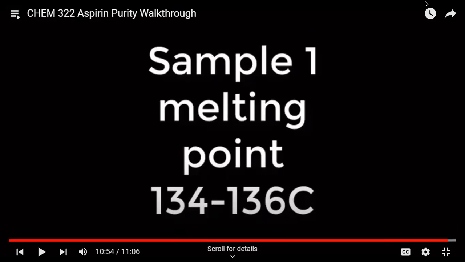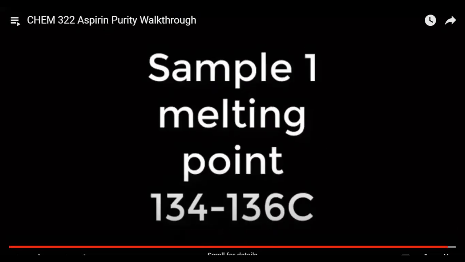No, just, okay. Let me go back to the data sheet. No, pure is the title. You just put it in trial 1. Yeah, the title above it just says melting point, crude and pure, and then you're going to just fill in the numbers for trial 1, and with the crude 110 to 115, and on the right side, trial 1 for the pure is going to be 134 to 136.